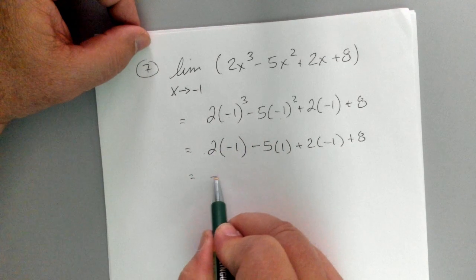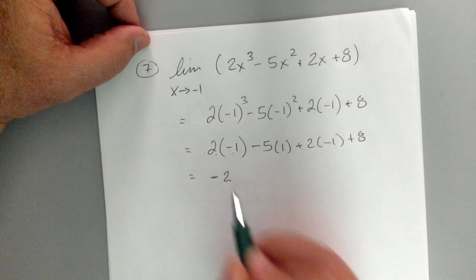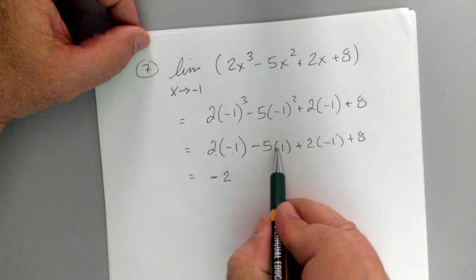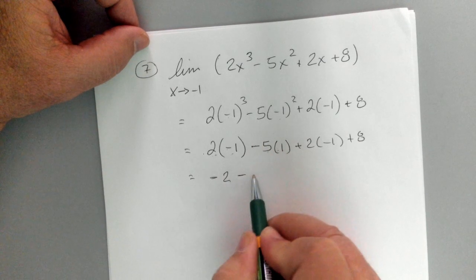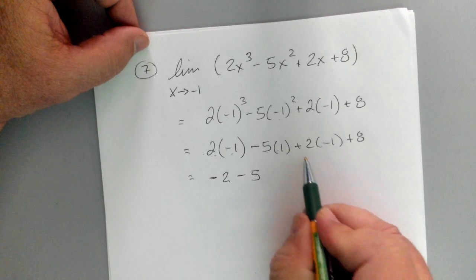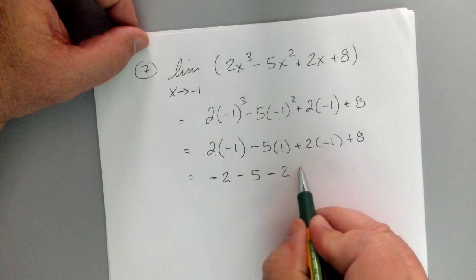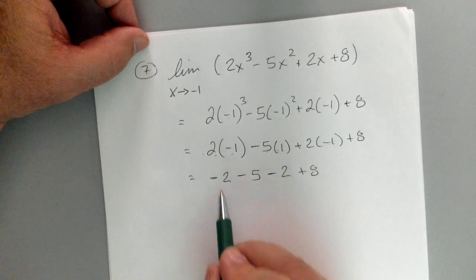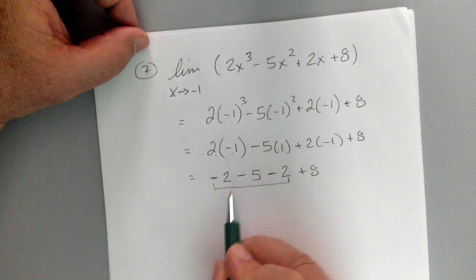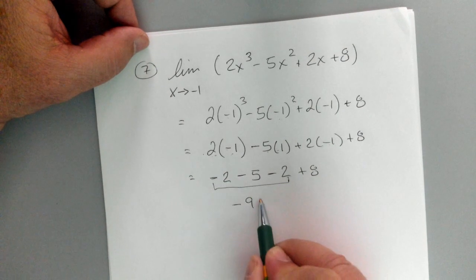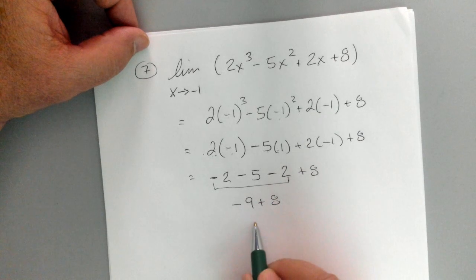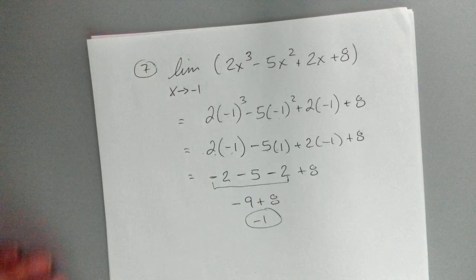Positive times negative is negative. 2 times 1 is 2. Positive negative is negative. 5 times 1 is 5. Positive times negative is negative. 2 times 1 is 2. Those equal -9. That's your limit.